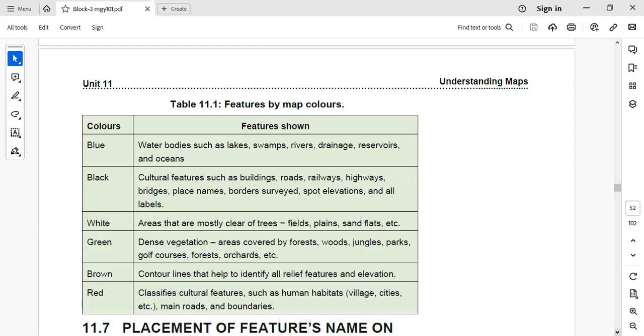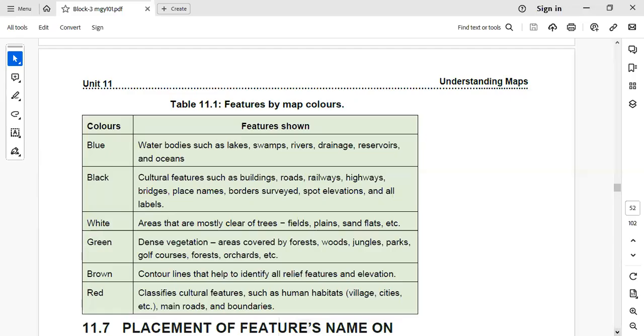Then we have the white color. It shows the areas that are mostly clear of forest, field, plains, sand flats. Then we have the green color. The green color is usually used to represent the areas covered by forest, orchards, jungles, parks, golf courses. Then we have the maroon color, and it is used to represent the contour lines.